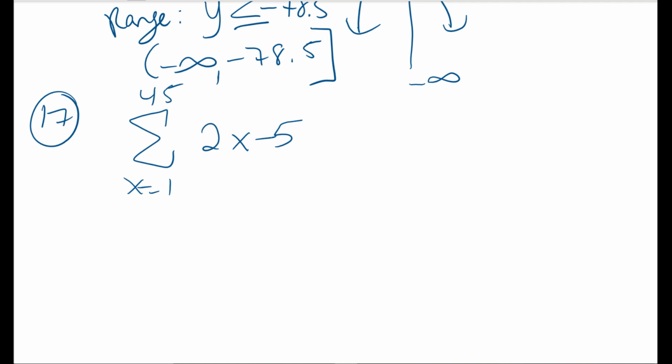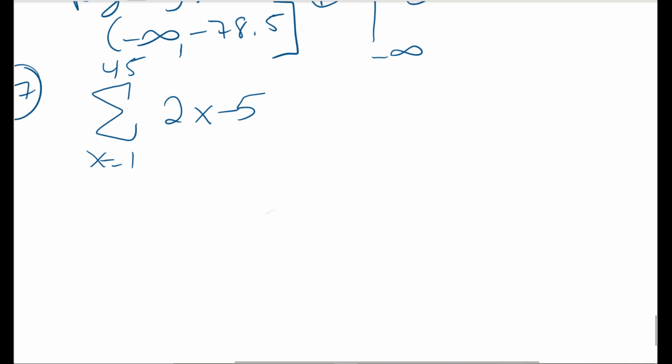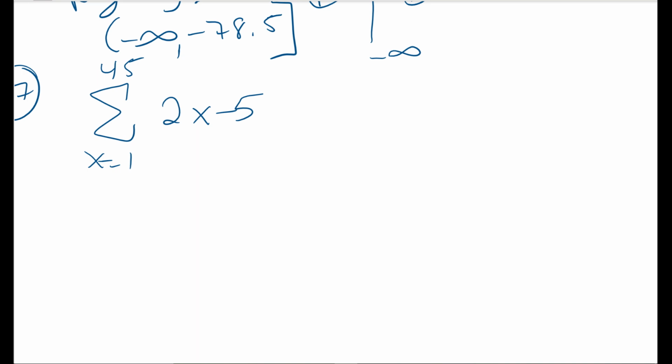All right, so in order to do this, we know that this is a series, so we need to use the sum formula, okay? So first off, what is this actually saying? Well, this is saying that you're adding the terms from when you plug in 1 and then all the way to 45. So you'll plug in 1, then 2, then 3, then 4, all the way to 45.